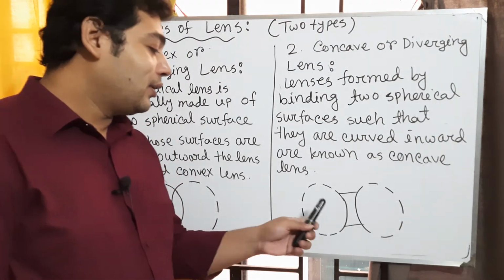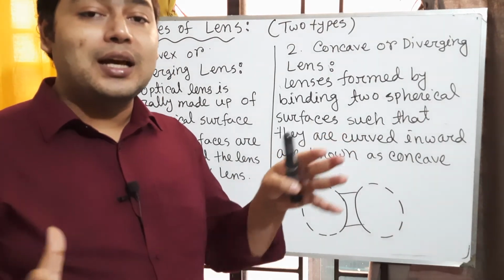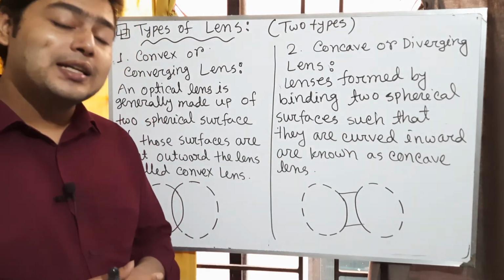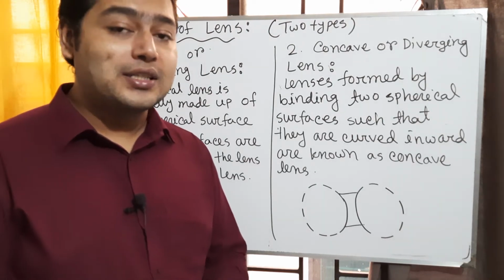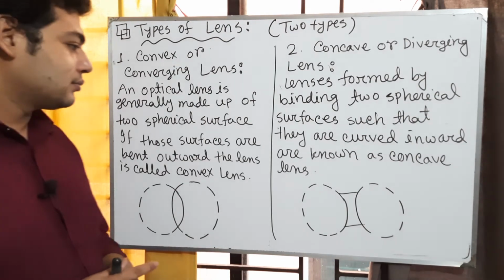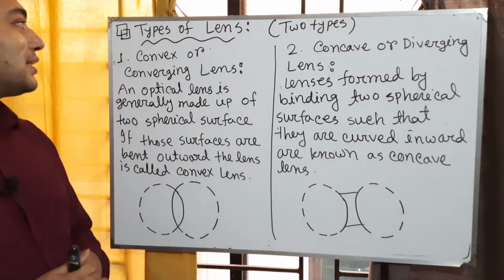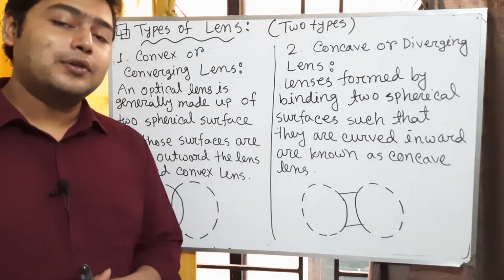By using this lens we can diverge a beam of light after refraction. Okay, so this is our types of lens.